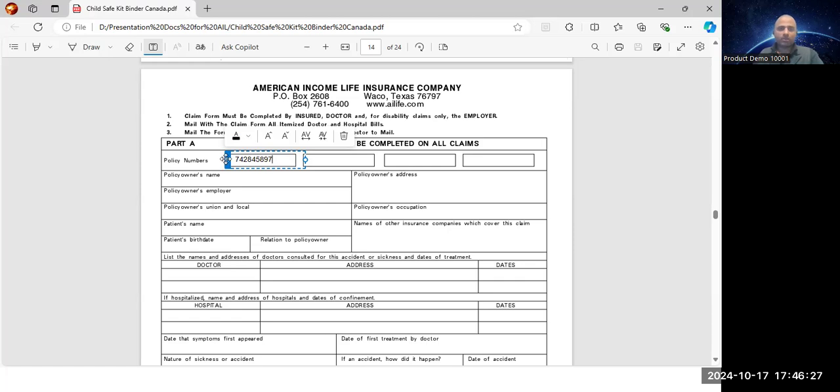Now, this is the policy number for one of the coverages that you might have with this company, American Income Life. Should you have a group policy or any other individual plans, you may fill out your policy numbers for those plans right beside this one over here.